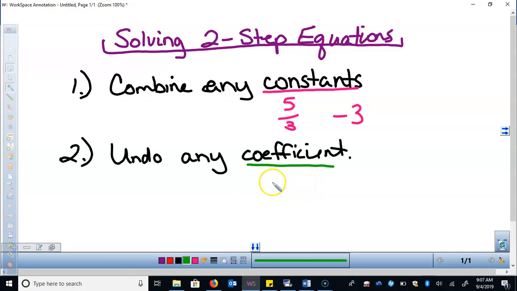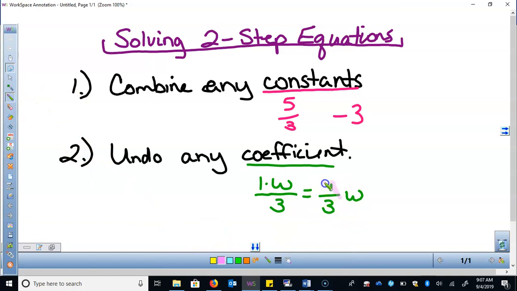So if I have W over 3, okay? In this example, the 1/3 that's attached to the W, remember there's a hidden 1 here, the 1/3 that's attached to the W here is the coefficient. So this is the same thing as 1/3 W. The number attached to the variable is our coefficient, okay?